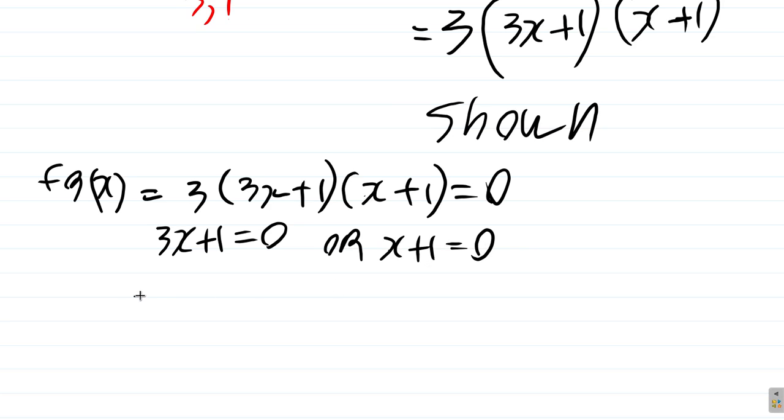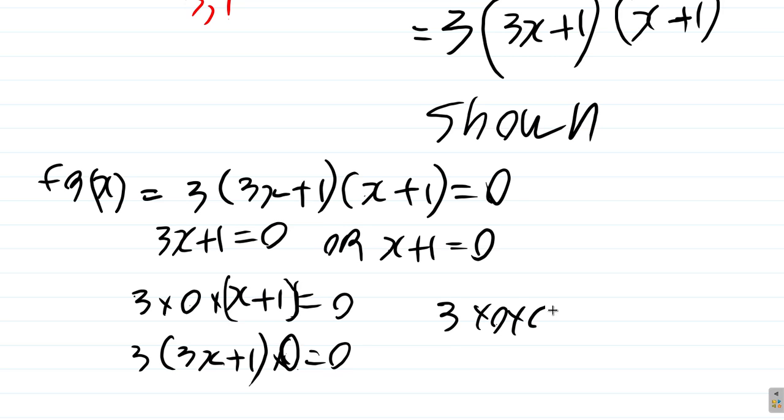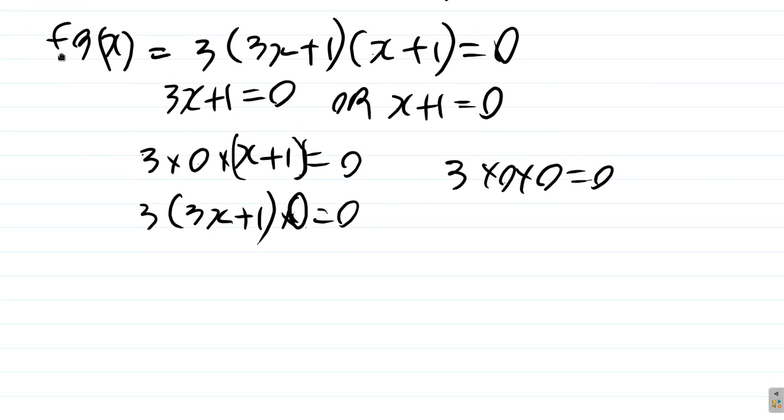Because if 3x plus 1 is 0, you'd have 3 times 0 times x plus 1, and you can see 0 times anything is 0. If x plus 1 is 0, then you would have 3 times 3x plus 1 times 0, which would be 0. Or both could be 0. If both of them are 0, you'd have 3 times 0 times 0, which is 0, right? So that's the argument behind it.